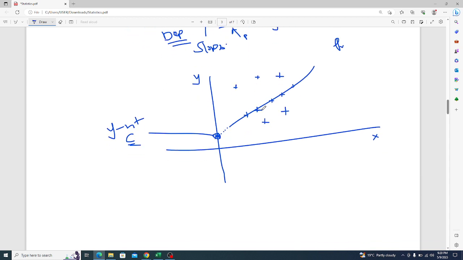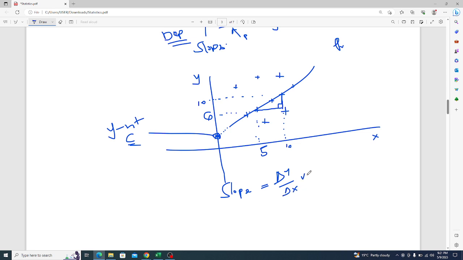Let's take an example of slope. We could draw a straight line with a right angle triangle. Let's assume this value is 10, this value is 5, this is 6, and this is 10. Remember, the formula for the slope is change in y divided by change in x.